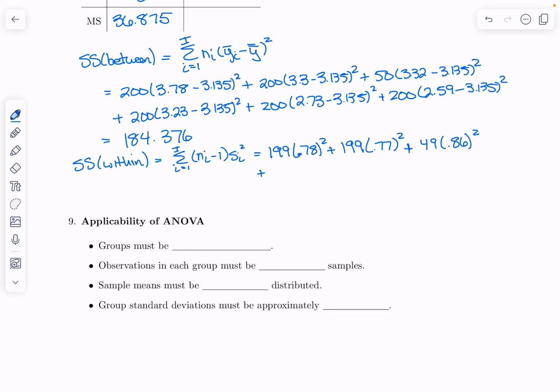The next group will be 199 times a variance of 0.78 squared, if we're looking back at the table. And then 199 times a variance of 0.81 squared. And then finally 199 times a variance of 0.82 squared.